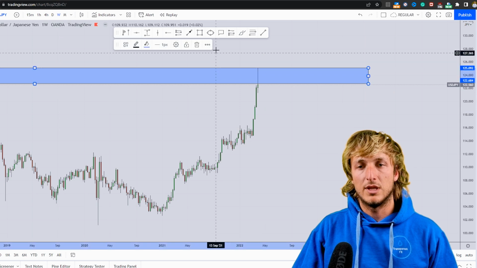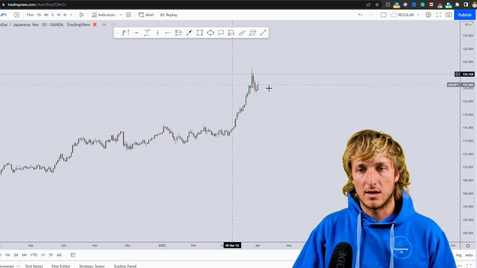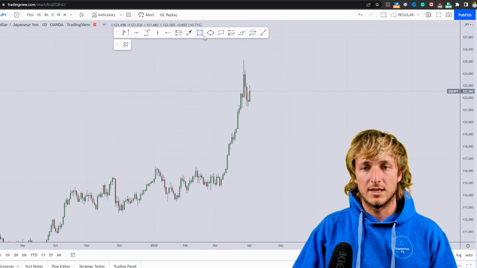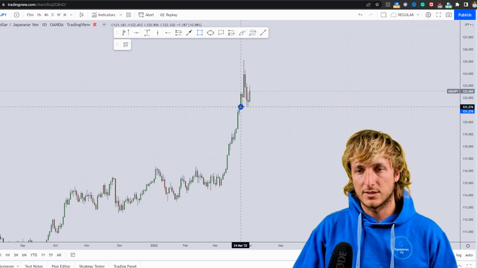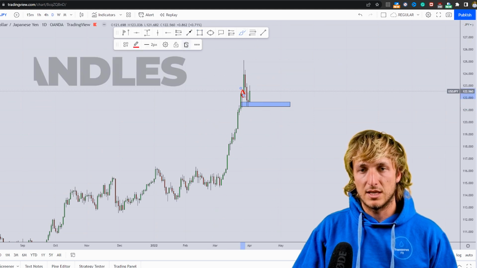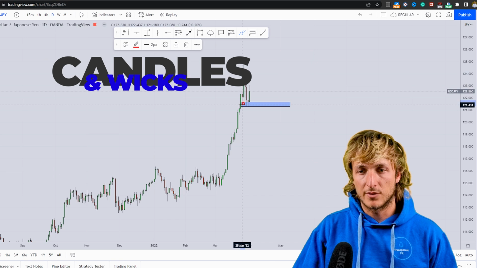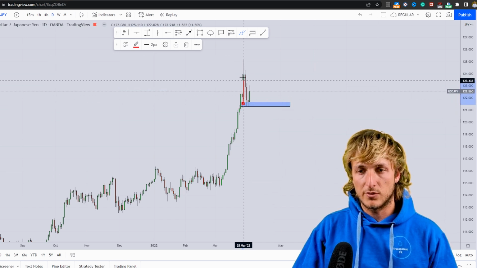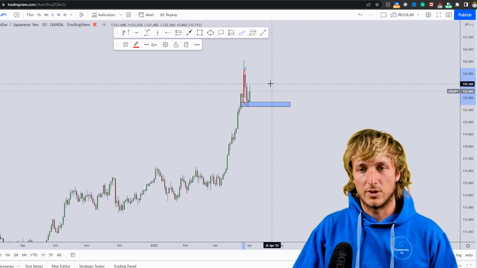Let's drop down on the daily time frame and see what we have. Now here in the daily, we can see that the market at the moment is testing structure. In fact, what we know is that this red candle here, which basically had the wick, which started here, the market created this red candle testing this zone and immediately rejected it to the upside.